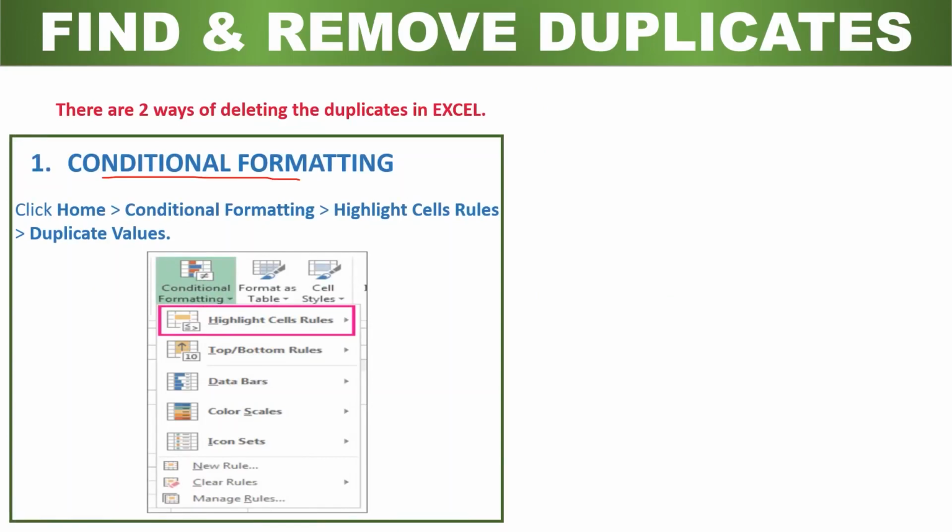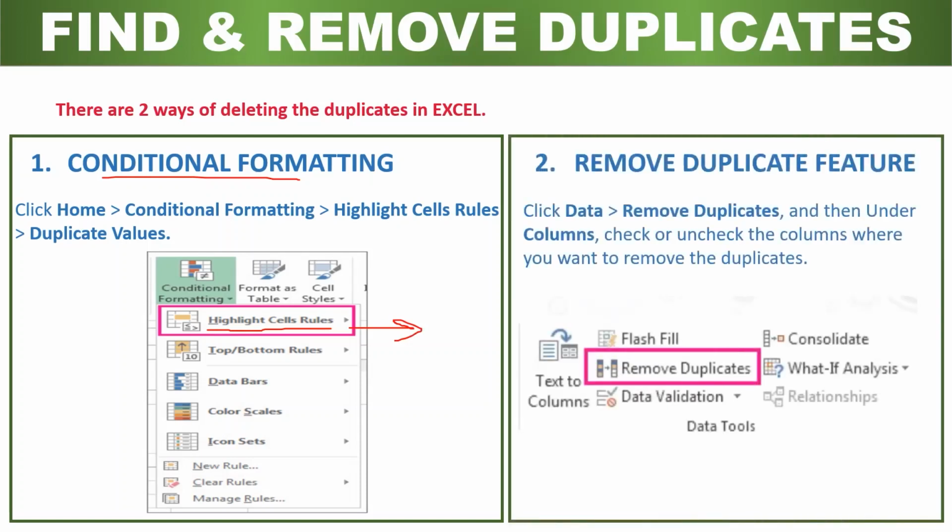In this, there is one option in highlight cells rule, and there is the duplicate value, right? So you can use this to highlight the duplicate values and delete them. Second option is there is a function or feature, you can say remove duplicates. In the data tab, you go to remove duplicates, and then automatically the selected part, whatever is a duplicate, it will be deleted automatically.